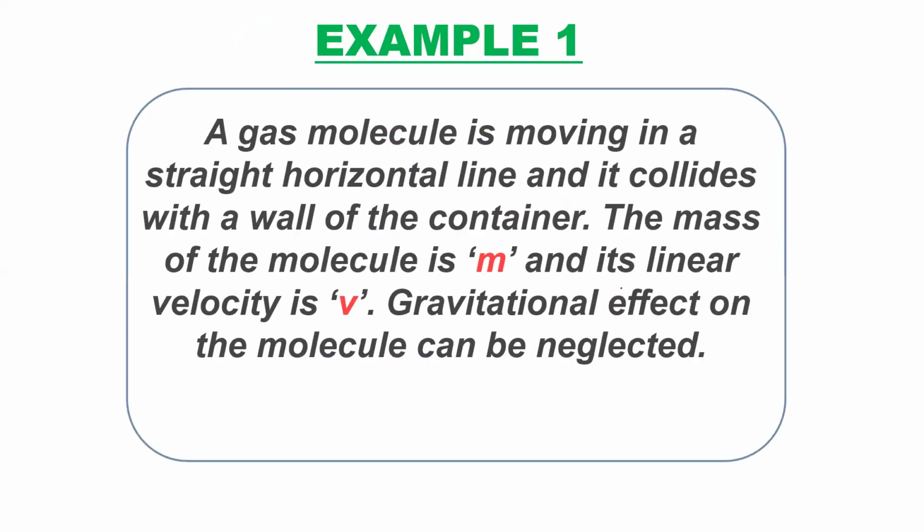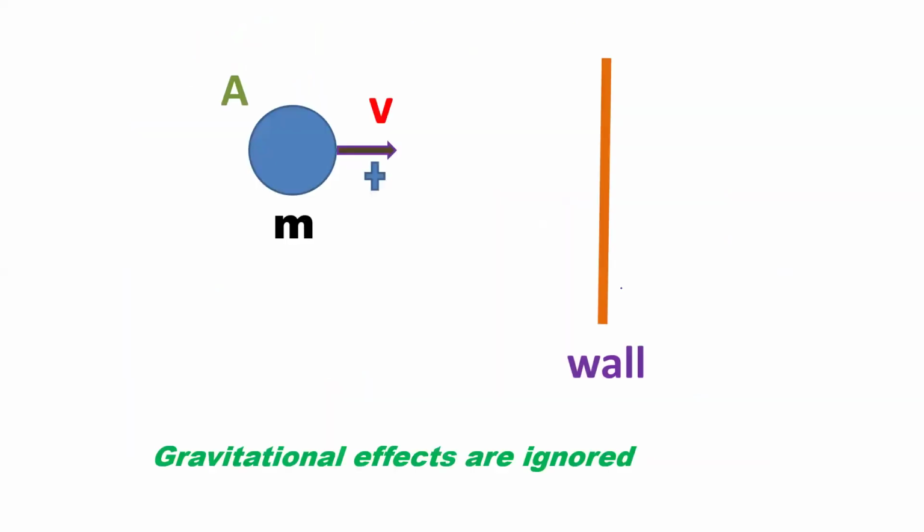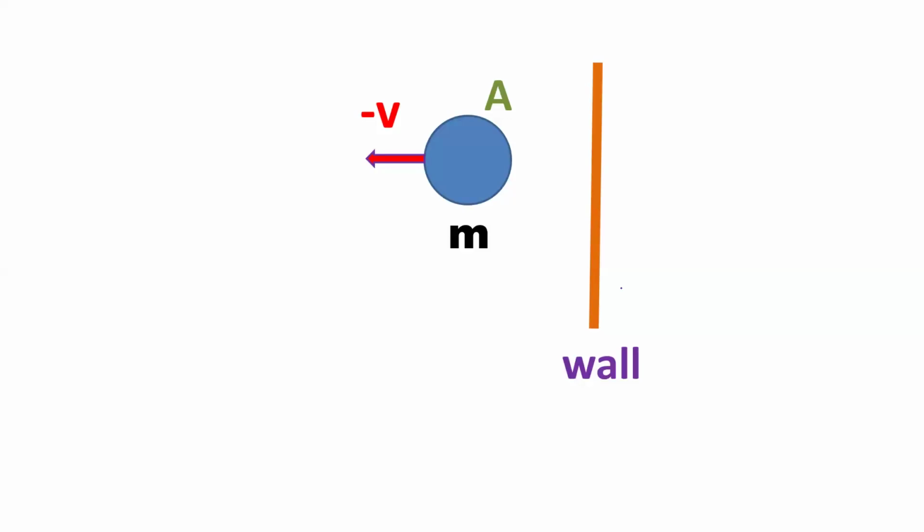I put an example of a gas molecule, one of the common examples there. The molecule strikes the wall because of its high kinetic energy. It is not worrying about gravity. The molecule rebounds. After the rebound, notice that the velocity becomes negative.